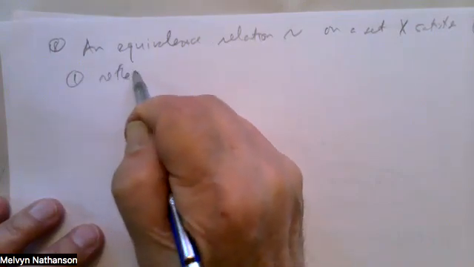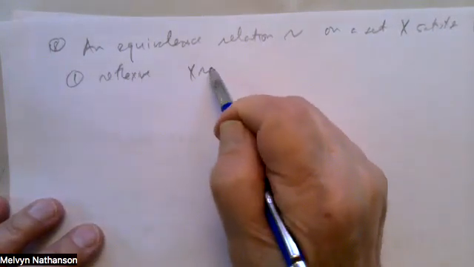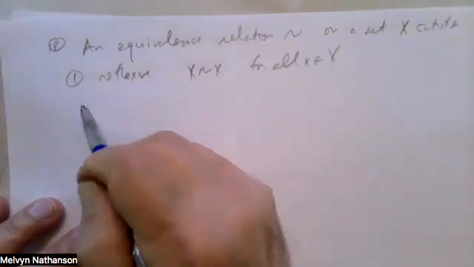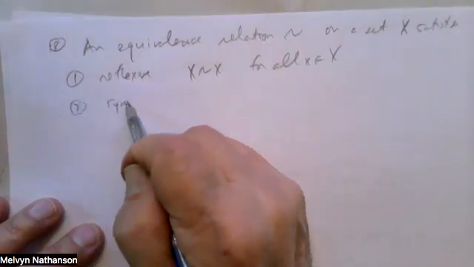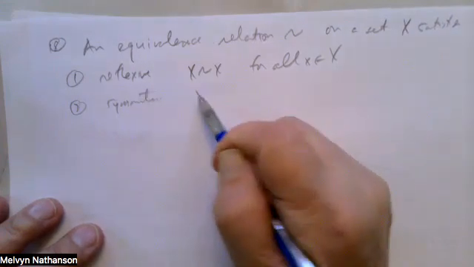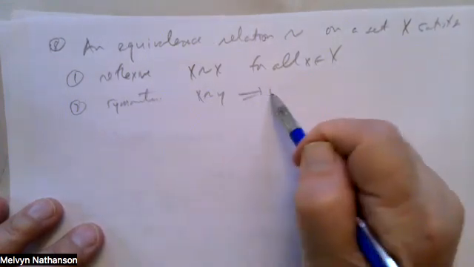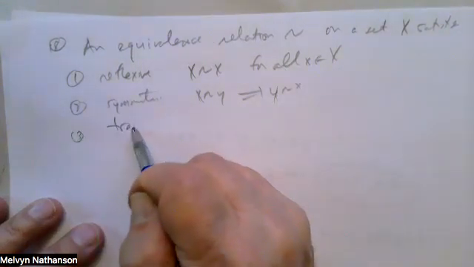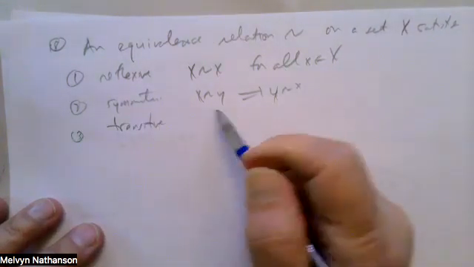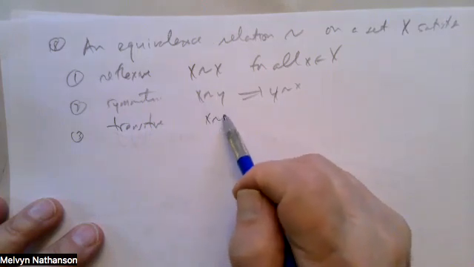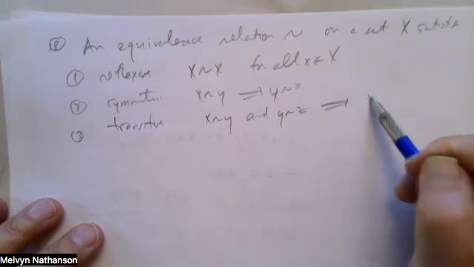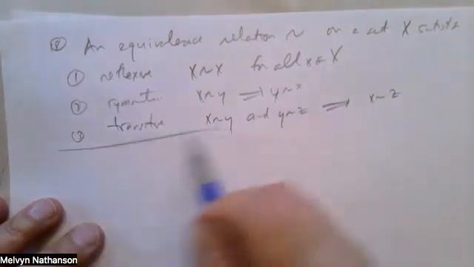First, it's reflexive: every element is related to itself. It's symmetric: if x is related to y, then y is related to x. And it's transitive: if x is related to y and y is related to z, then x is related to z.